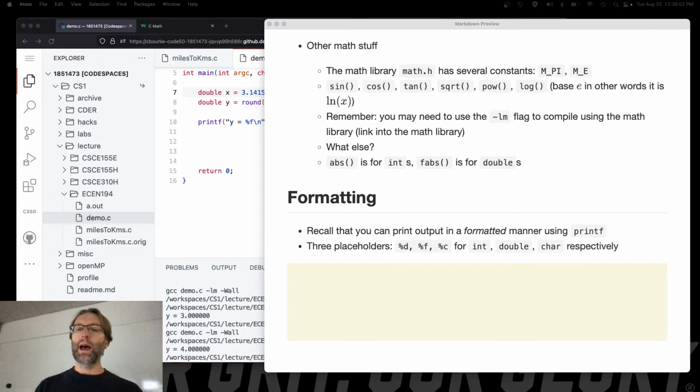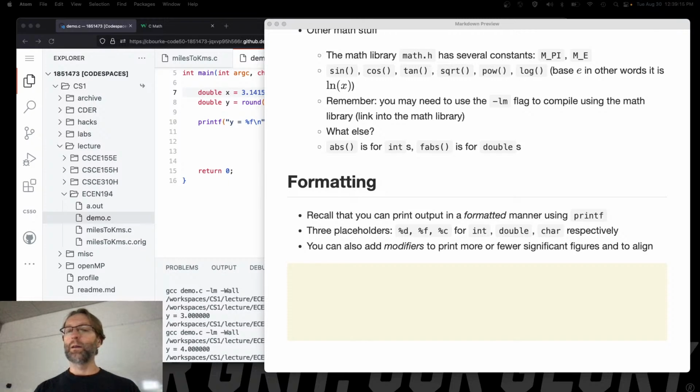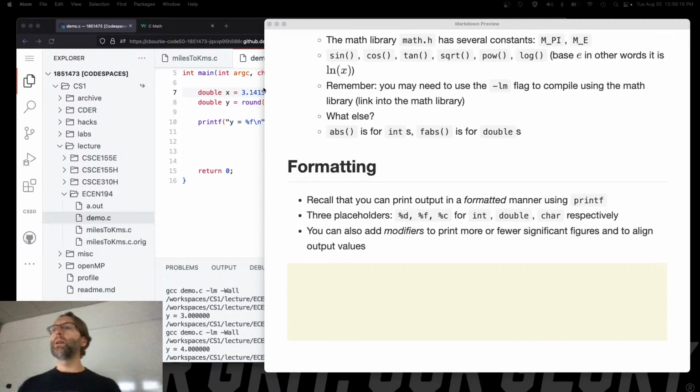You can also add modifiers to print more or fewer significant figures and to align output values. So what do I mean by that?